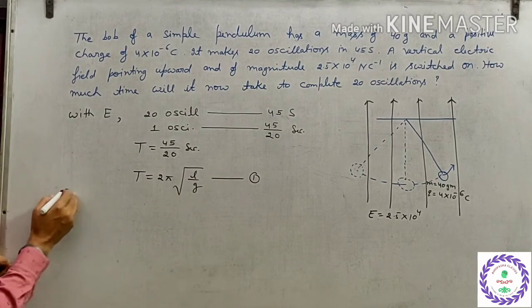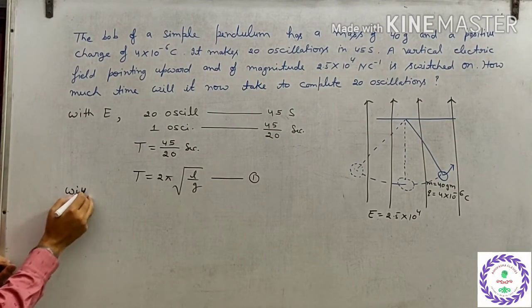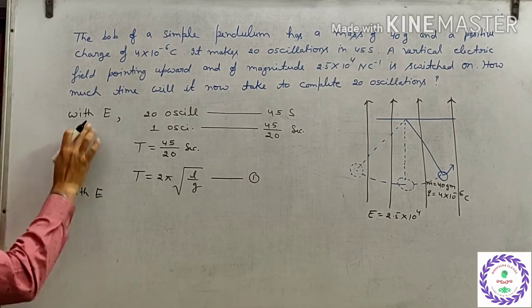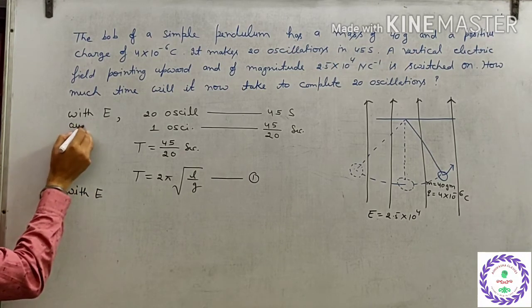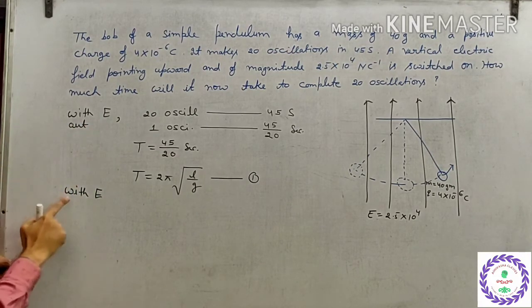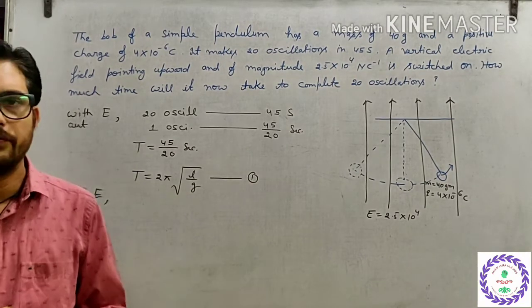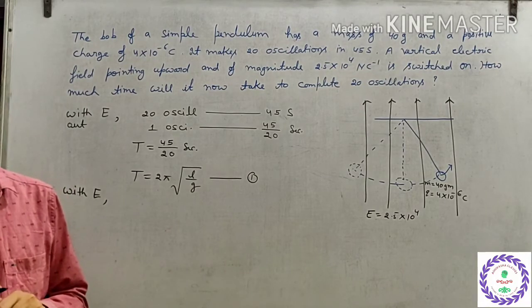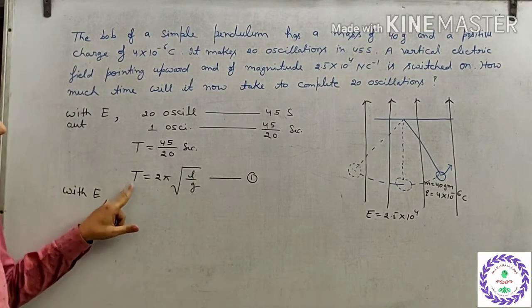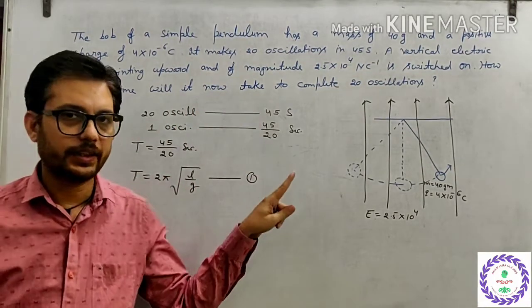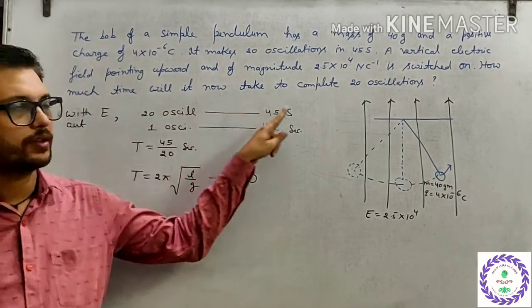Now with electric field, this is without electric field, this is with electric field. So when we switched on the electric field, what will be the changes in the process?